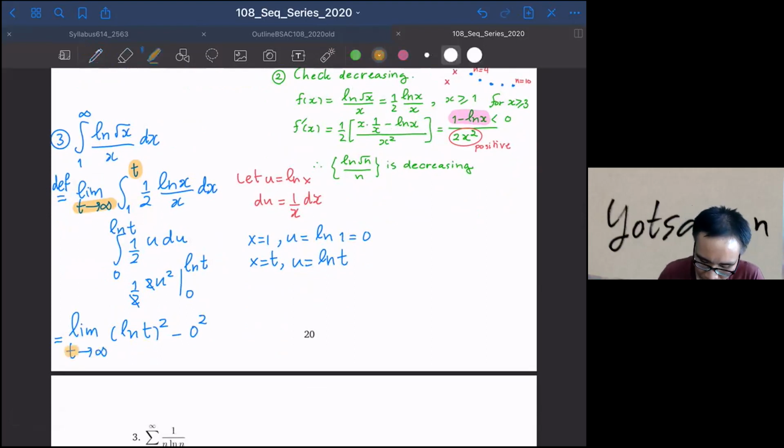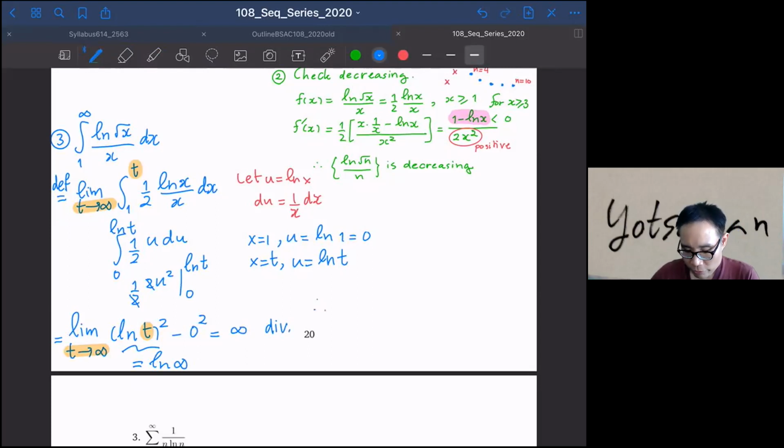I copy from the first line, and you take this log t, and this is going to be infinity, because log infinity turns out to be infinity. So in this case, you get divergence.